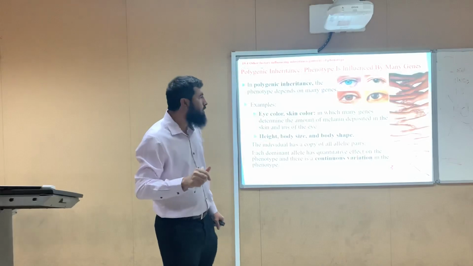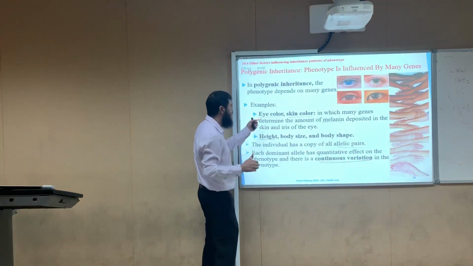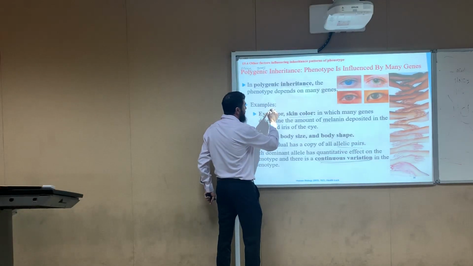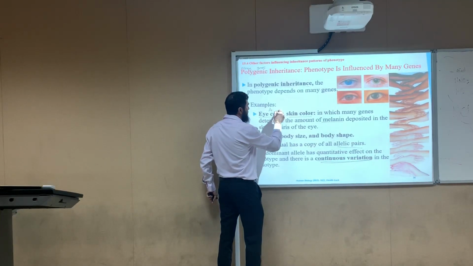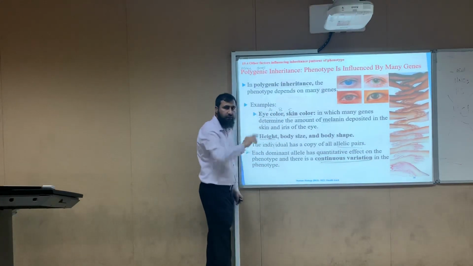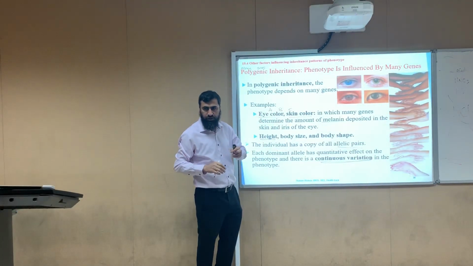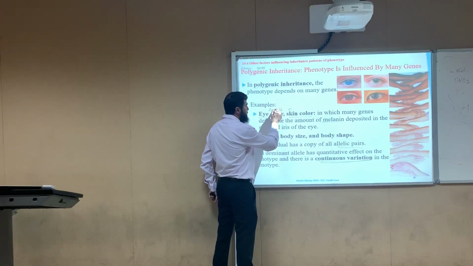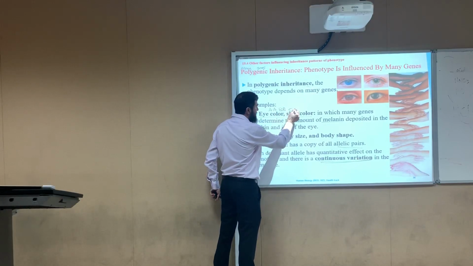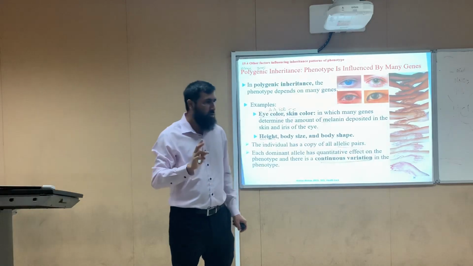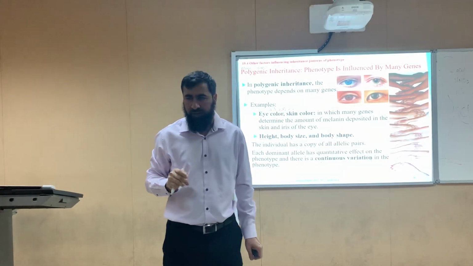For example, if eye color was controlled by 3 different genes, say we denote them A, B, C, there will be an allelic pair for each of those genes. If they're homozygous dominant, all of them will be capital. So in polygenic traits, all of the genes come in allelic pairs.